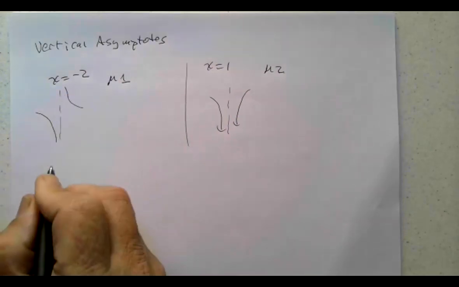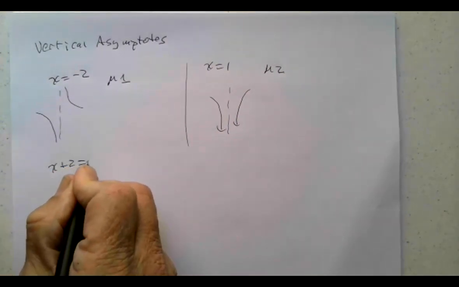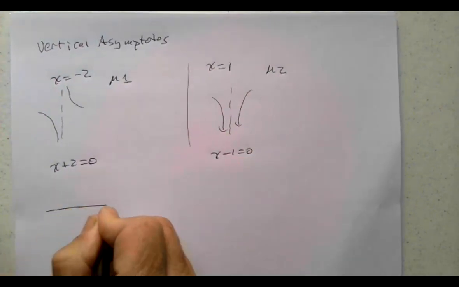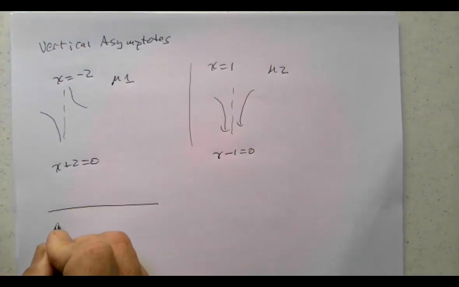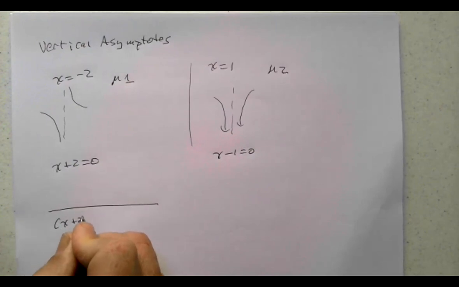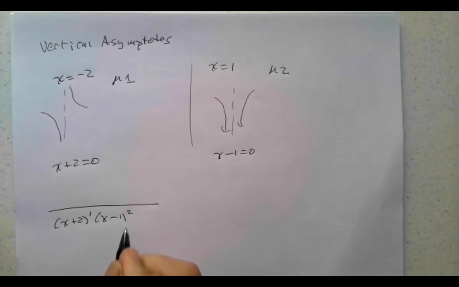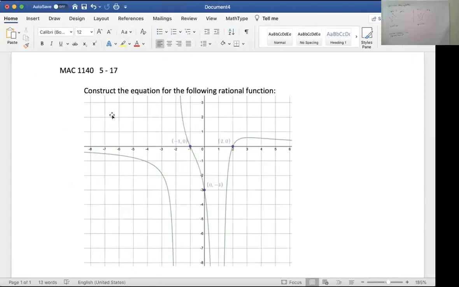So if x equals -2, that means x plus 2 is 0. If x equals 1, that means x minus 1 is 0. Those are both going to be downstairs. With the multiplicity, x plus 2 to the first power is downstairs, and x minus 1 to the second power is downstairs. Now let's go back and take a look at our picture and see what else we know.